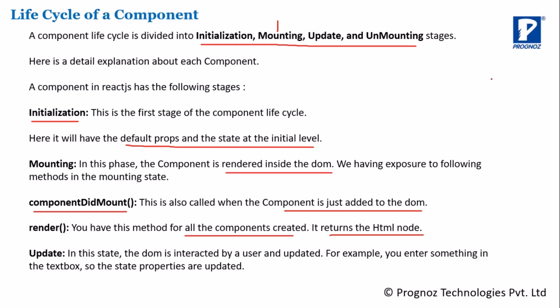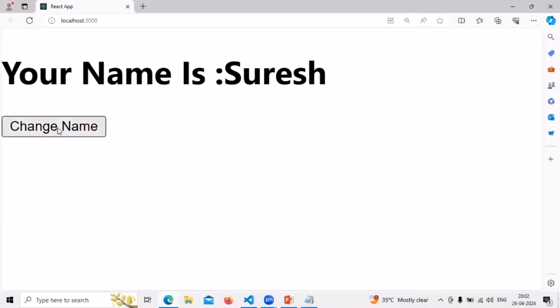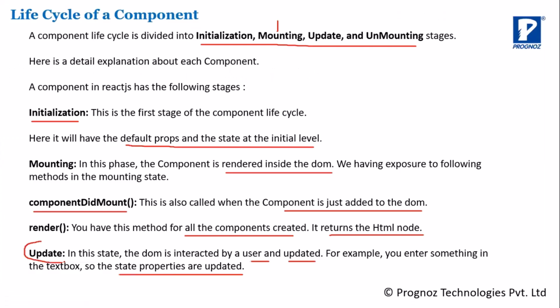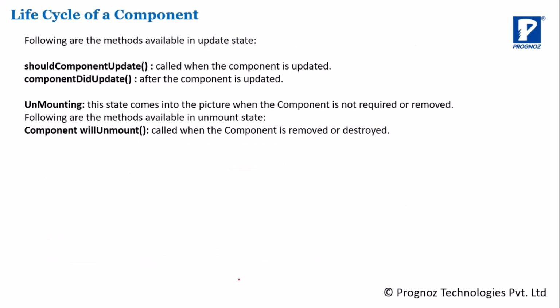Next stage is called the update stage. In the update stage, after the component is added in the DOM, the DOM is interacted with by the user and updated. If you are entering something in the text box or input box, the state properties are going to change. For example, when we click the button, the state property changes. So that means it is going to call which stage? The update stage is going to be called internally.